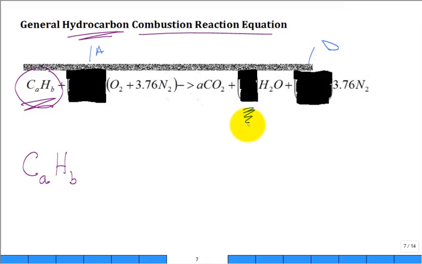B or B over 2? B over 2. Now which one do you want to do next, the one in front of the air or the one in front of the nitrogen? Let's do the oxygen balance to determine the coefficient in front of the air.